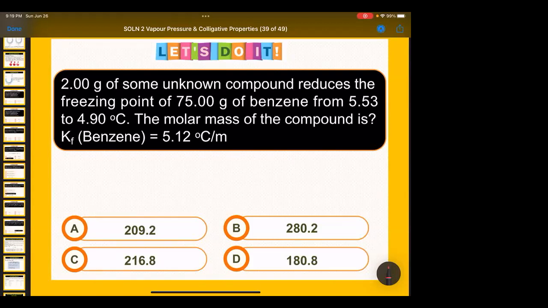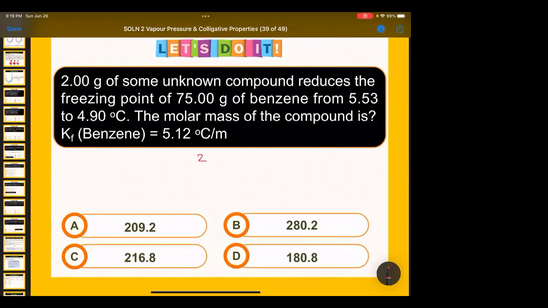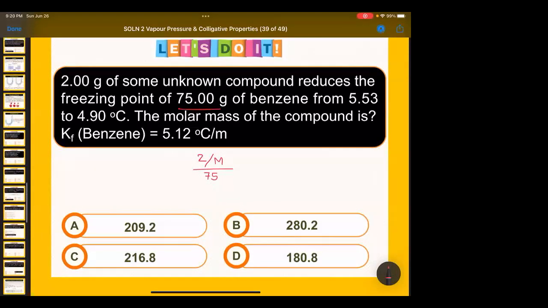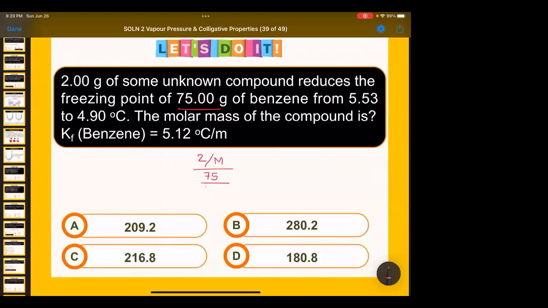Let's check it quickly. How many moles of that unknown compound did you take? Let its molar mass be M, so 2 gram by M. Molality is mole per kg of solvent. The solvent you took is benzene, but that is only 75 grams, so you need to divide by 1,000 to make it kilogram.